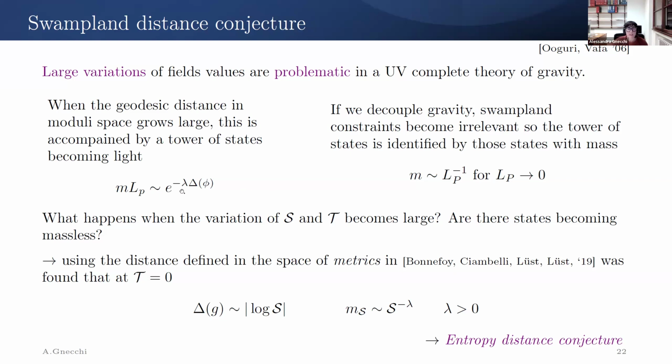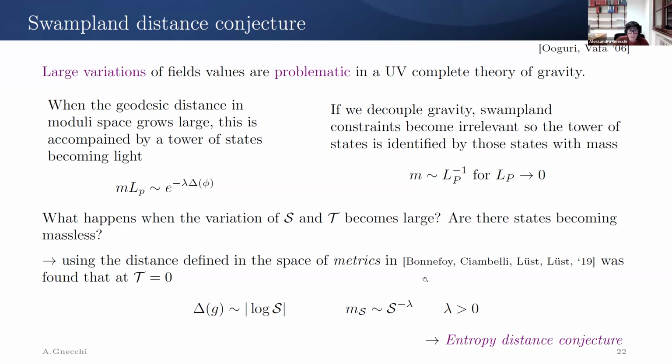Notice that any distance or any phenomenon that we want to relate to a breakdown of the effective field theory, going from the landscape to the swampland, must be a criterion that is related to the coupling of the theory to gravity. So this criterion should become trivial when we send the Planck length to zero or the Planck mass to infinity, because it needs to be intrinsically a criterion that only comes into account when we couple our theory to gravity.